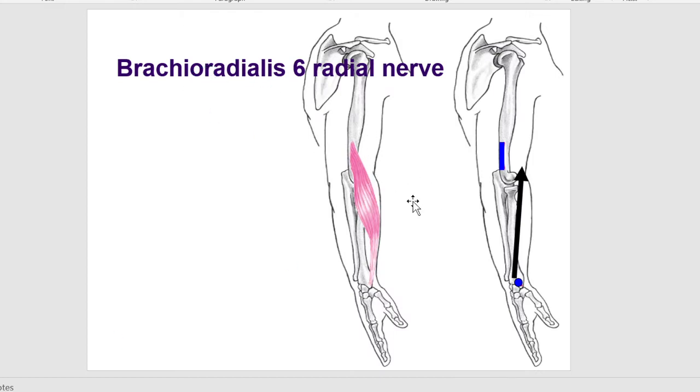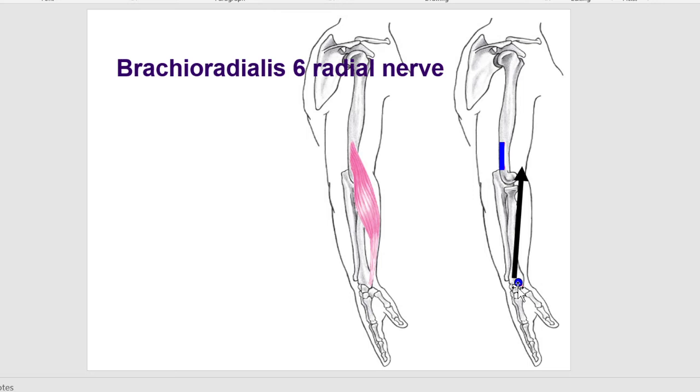Then you have your brachioradialis. Your brachioradialis originates in the lateral ridge of the humerus and inserts at the distal part of the styloid process of the radius. Still, it is considered an elbow flexor.